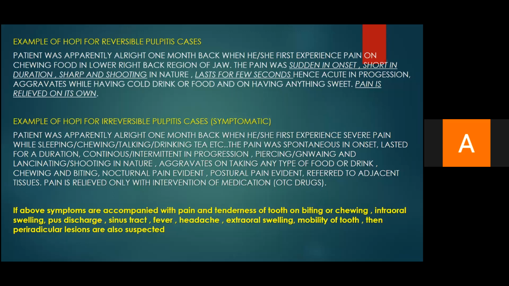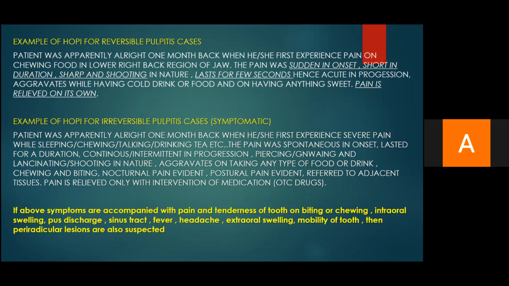Now, the characteristic of reversible pulpitis is that it lasts for very few seconds and it can aggravate on having cold or sweet. Sweet is an important factor. The sweet suddenly changes the acidic environment of the oral cavity, and this acidity affects the dentinal tubules very severely, leading to stimulation of the A delta fibers.